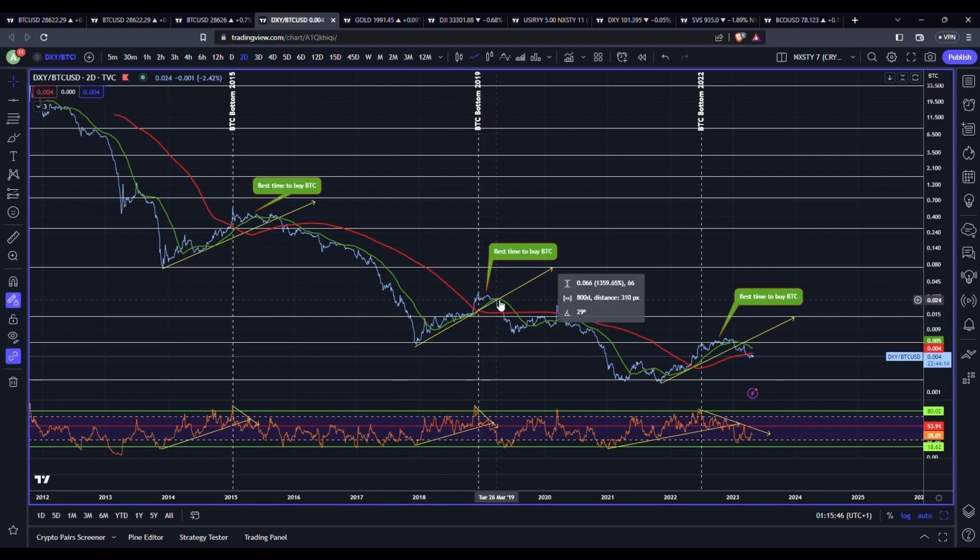Bitcoin broke our upward trend line, broke the 200-day moving average, touched the 1862 RSI with a cross.